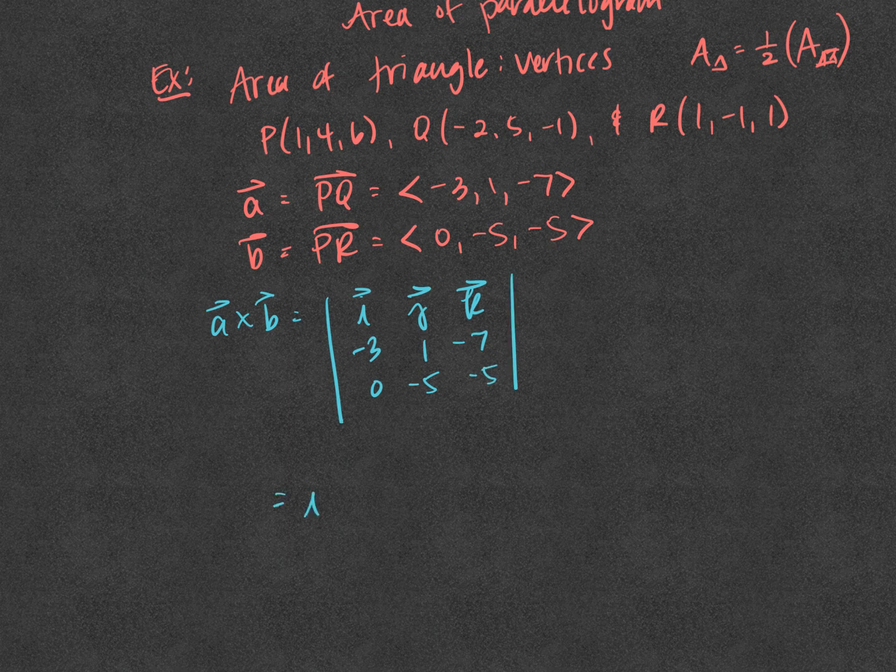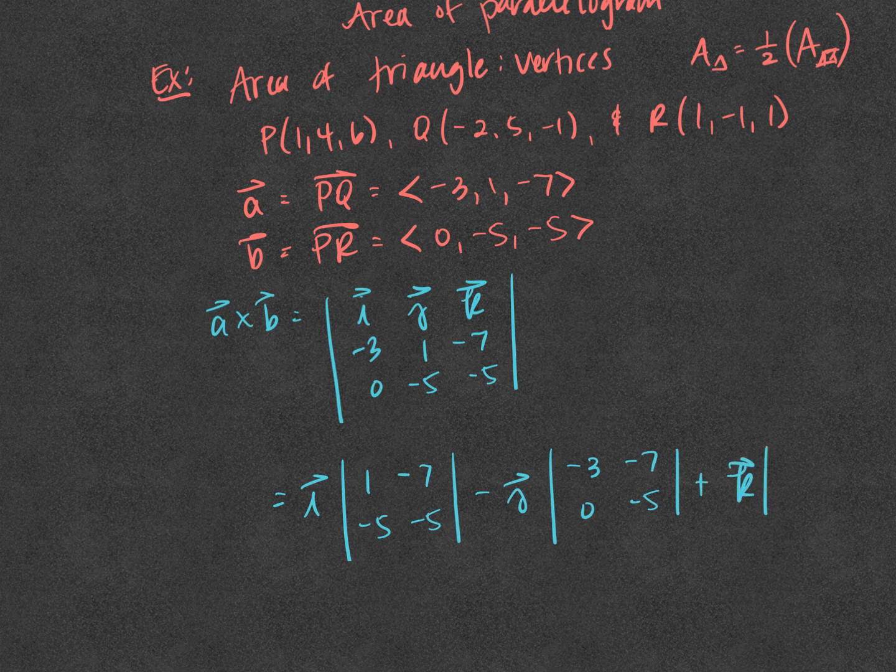So we're going to take i, and we're crossing off the top row and the first column. We have 1, -7, -5, -5, minus j. We cross off the top row. We have -3, -7, 0, -5, plus k. We cross off the top row and the last column. We have -3, 1, 0, -5.